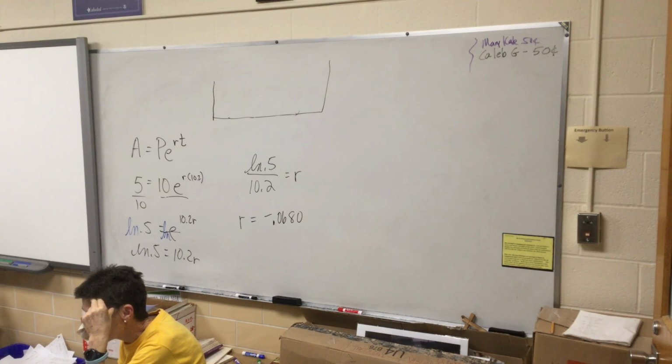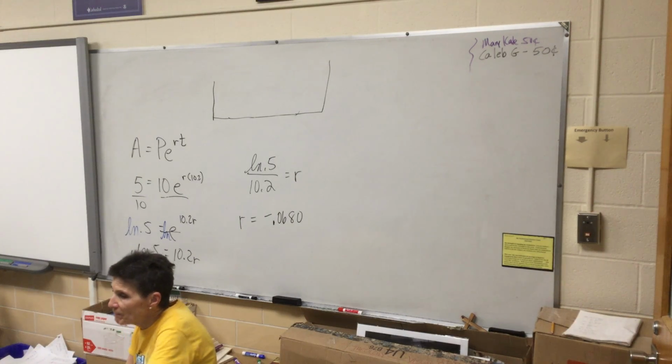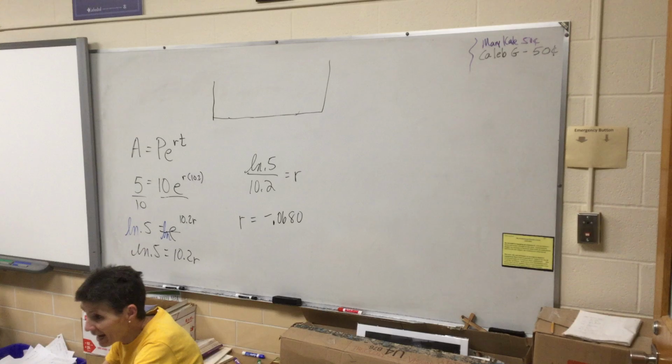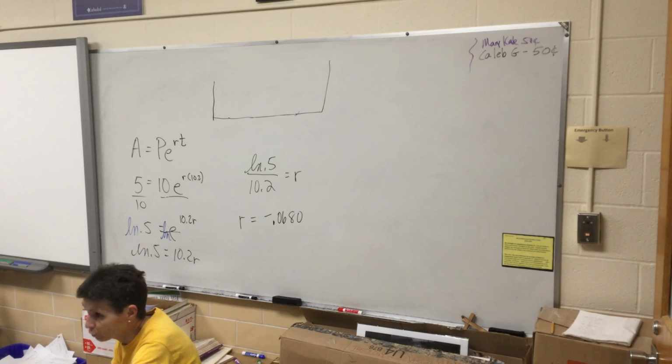Yes, it's decreasing. Exactly. It's a decay constant. So it functions like an interest rate in a money problem. But if your amount is going down, then it makes sense that you have a negative growth constant. Decay is negative growth.